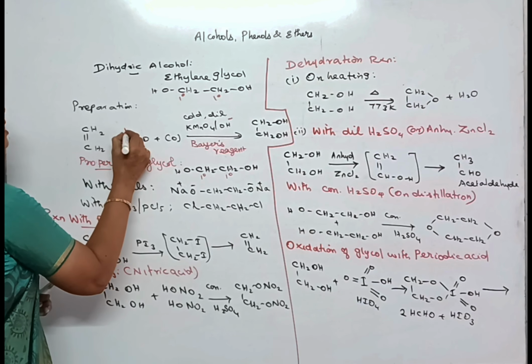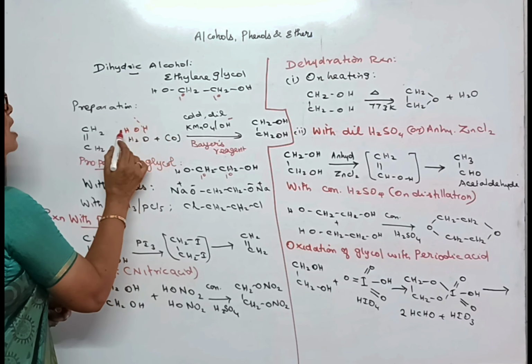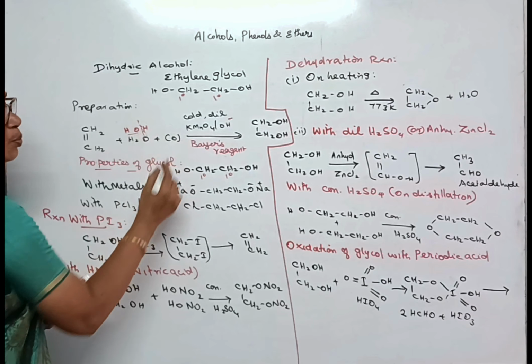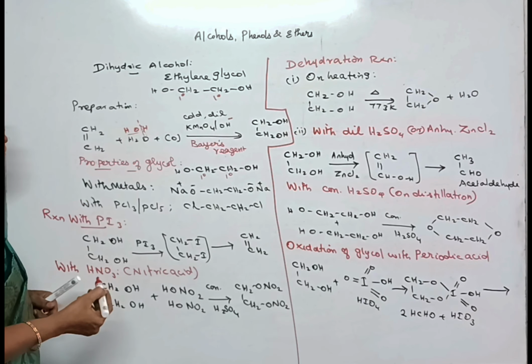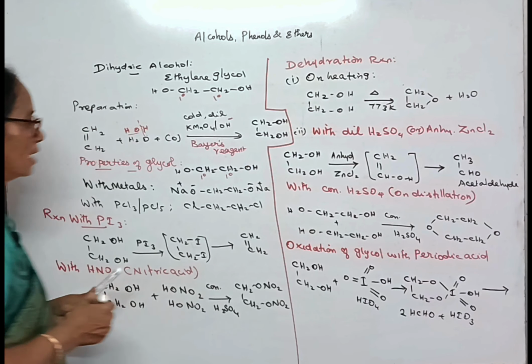The water can be written as HOH, and there is an OH group, and these two will make another OH group. So both OH groups get added between the two doubly bonded carbon atoms, and we get ethylene glycol.